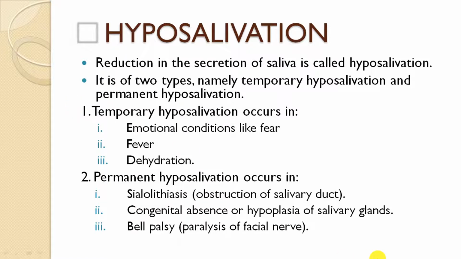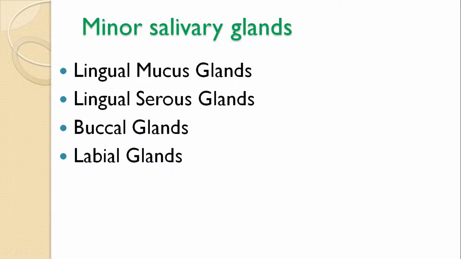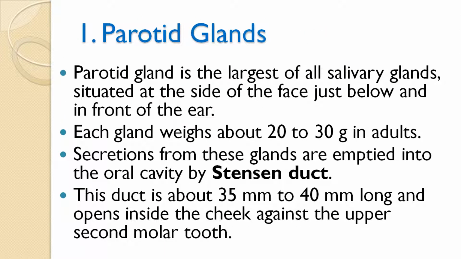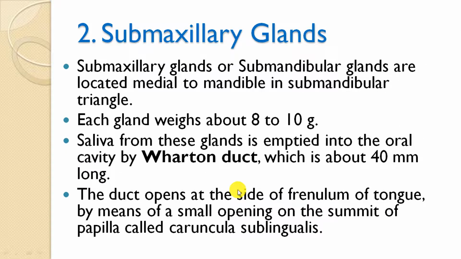So these were the salivary glands, that is, major and minor salivary glands. The major salivary glands are the parotid glands, weighing 20 to 30 grams, with the Stenson duct. The submaxillary gland is located below the mandible bone, weighs 8 to 10 grams, and has the Wharton duct.